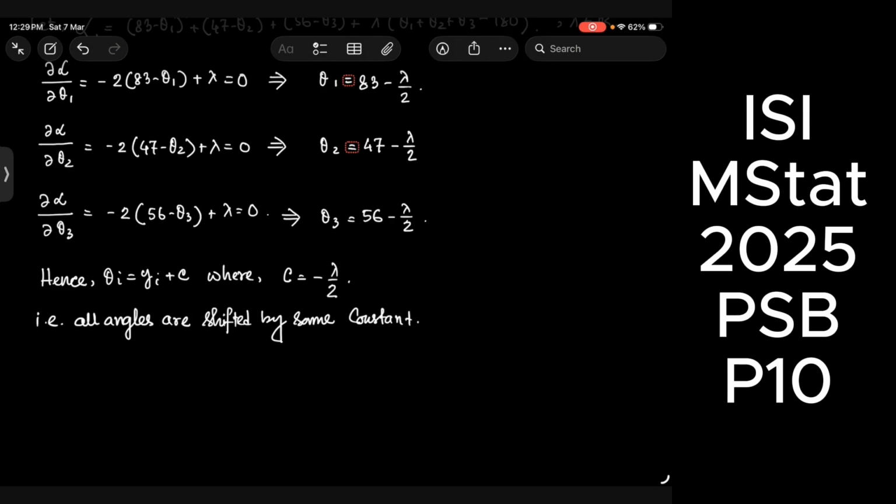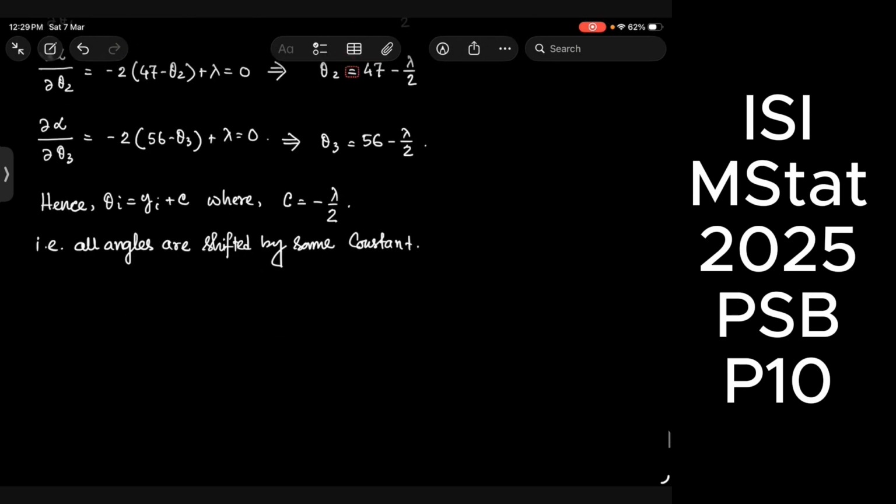Now summation over theta i should be 180 degree, which implies 83 plus 47 plus 56 plus 3c will be 180 degree.